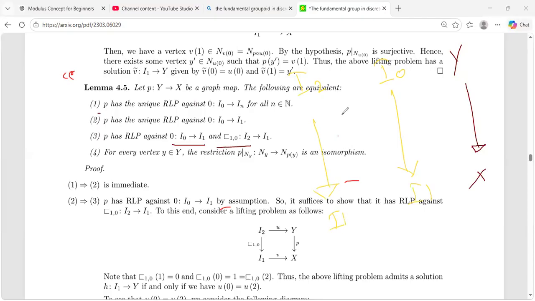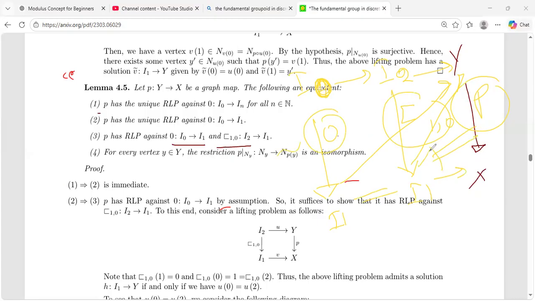So I think we should write I0 to I1 and I2 to I1. If P has a right lifting property against this map, the one-comma-one, one-comma-zero map, and this zero map, we can call P a local isomorphism.